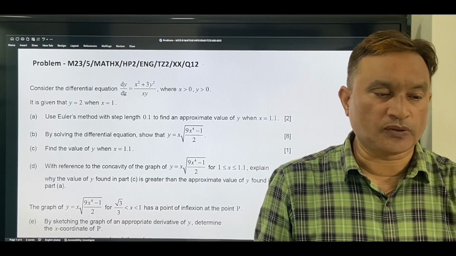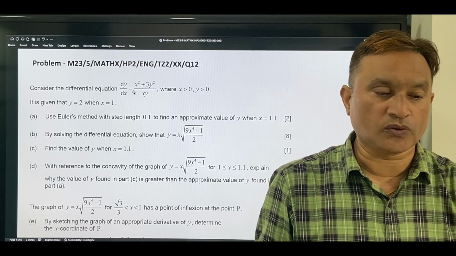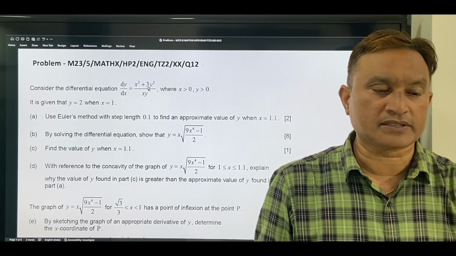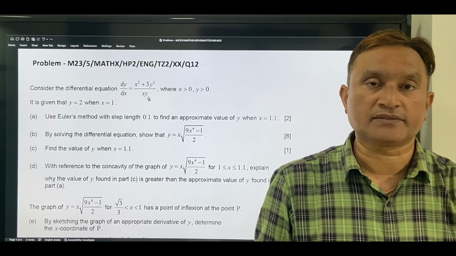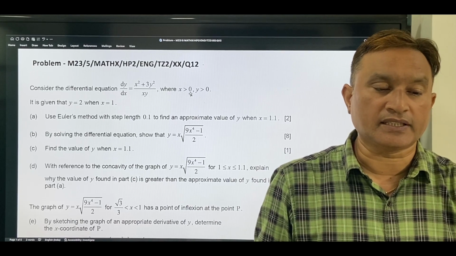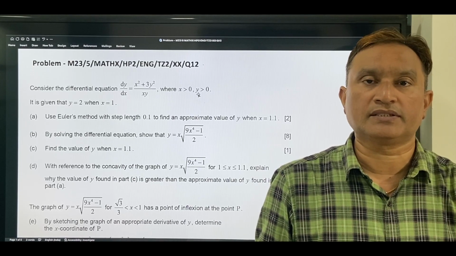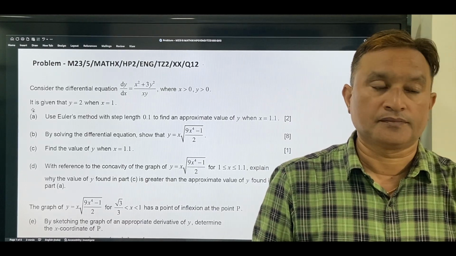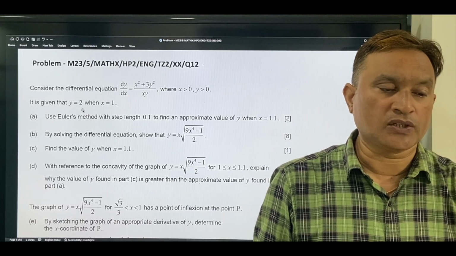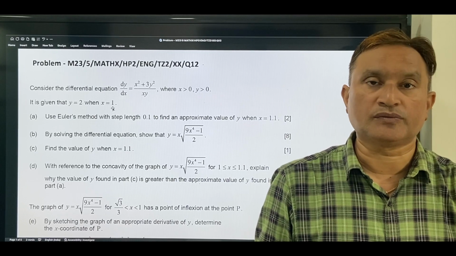Consider the differential equation dy by dx equals (x square plus 3y square) upon xy, where x is greater than 0 and y is greater than 0. It is given that y equals 2 when x equals 1.